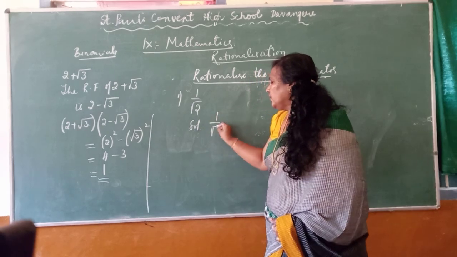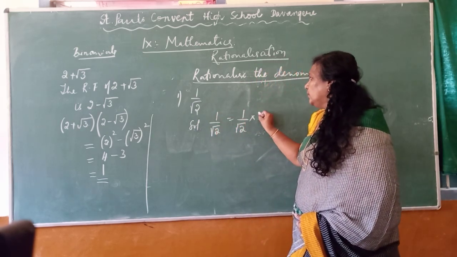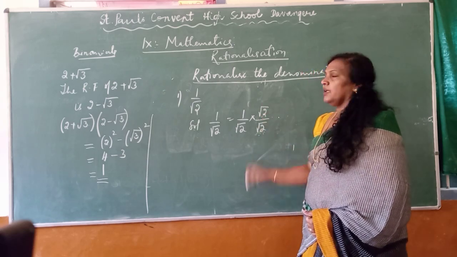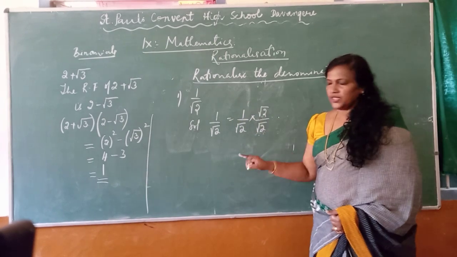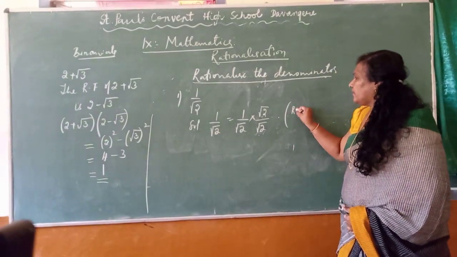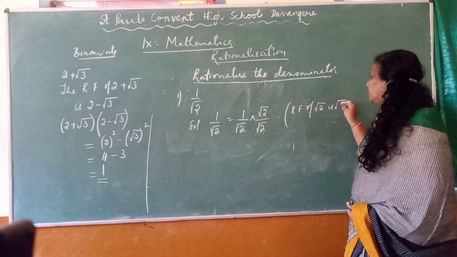1 by root 2 is equal to 1 by root 2 into root 2 by root 2. So first what we have to do is, what is the rationalizing factor, RF, of root 2? RF of root 2 is root 2.